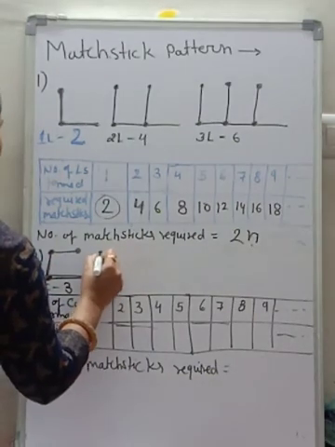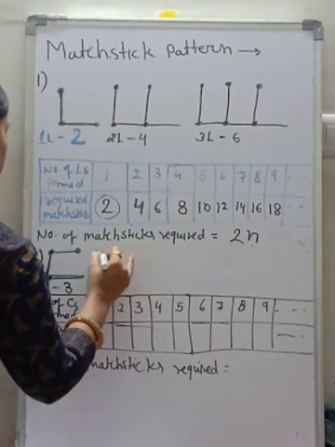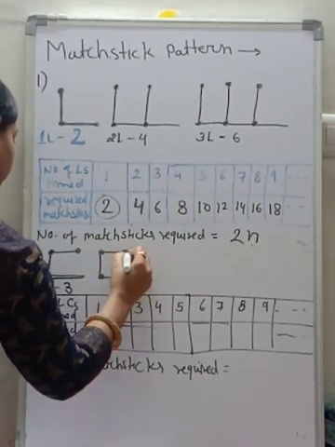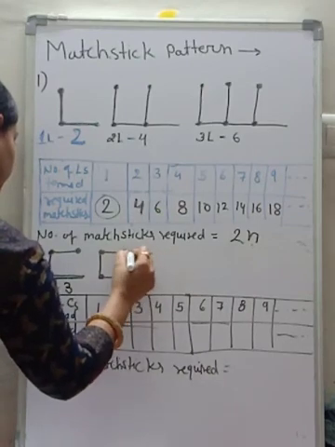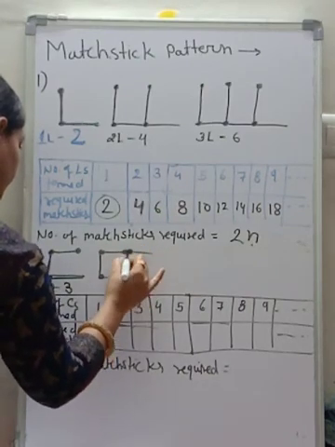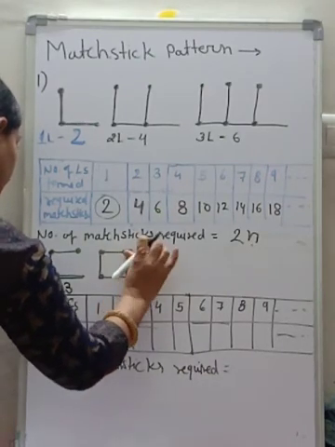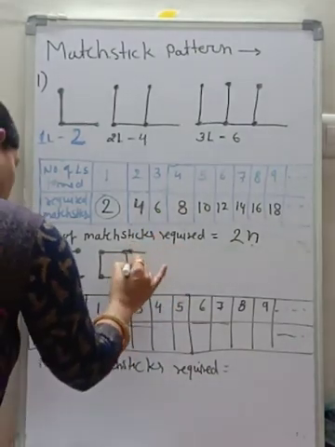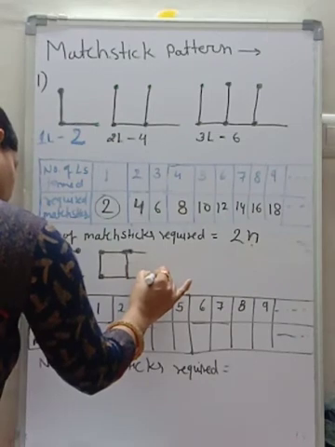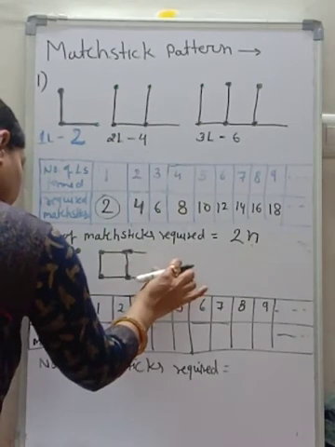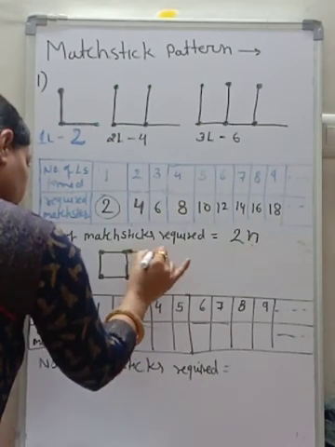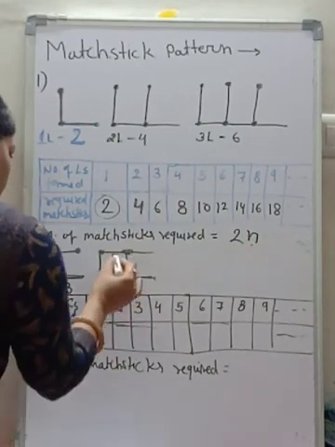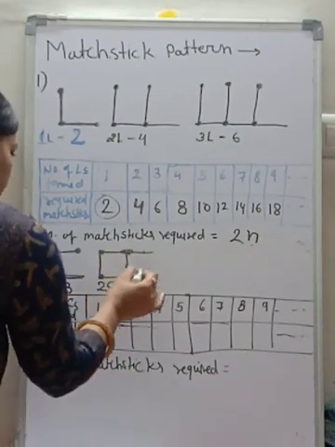Similarly, you have to make 2 C's. 2 C's require 1, 2, 3, 4, 5, 6 matchsticks.